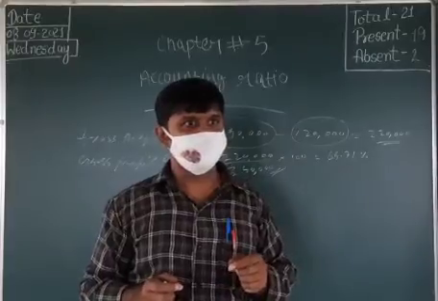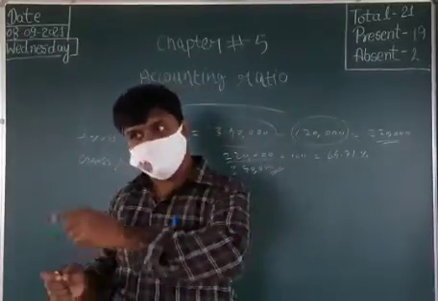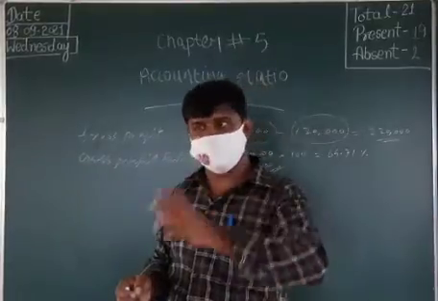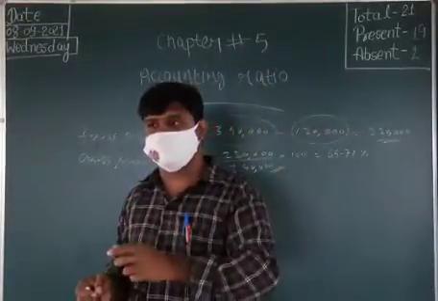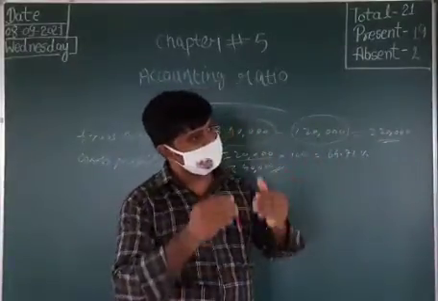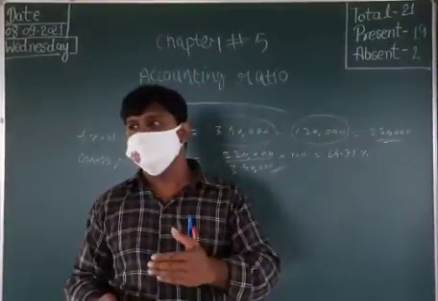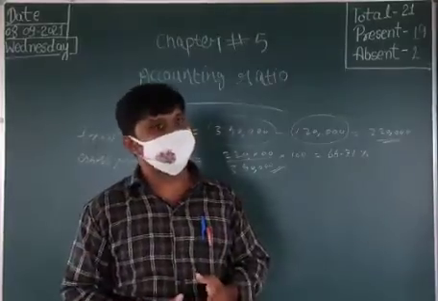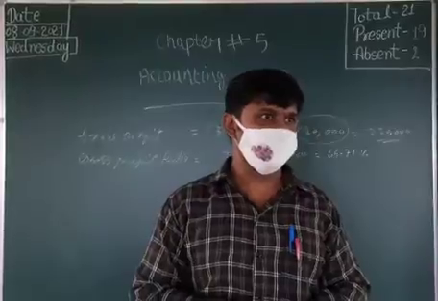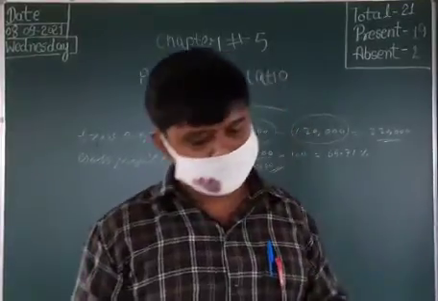Clear now? Yes, sir. Next, this debit side we are taking completely: the trading account debit side, and next the profit and loss debit side items are also taken. Clear now? Yes, sir.